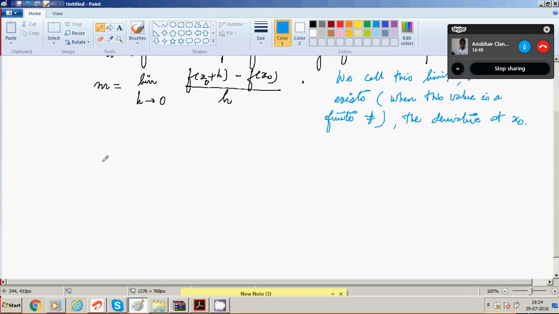Now we consider the derivative of the function at each point in its domain, and hence the definition follows.